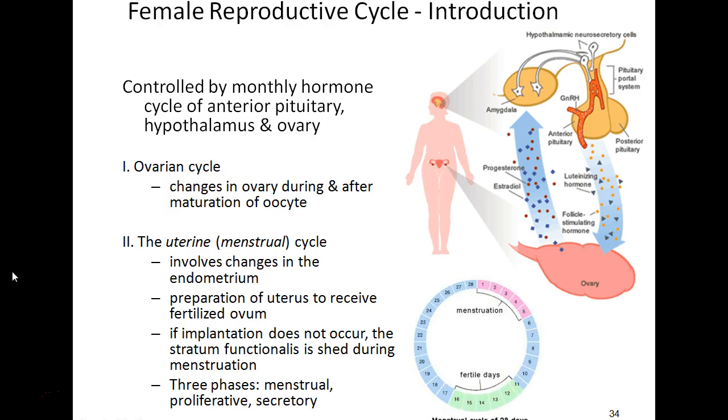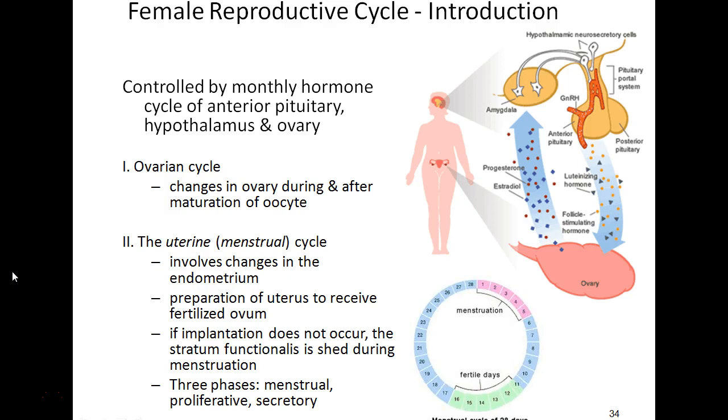Now we might recall that we have some structures in the brain left over from the nervous system. Here on the upper right, we see the hypothalamus connected to the pituitary gland, and these are going to release certain hormones. Recall also that the ovary as well is going to release hormones. So notice how these two structures influence each other back and forth.